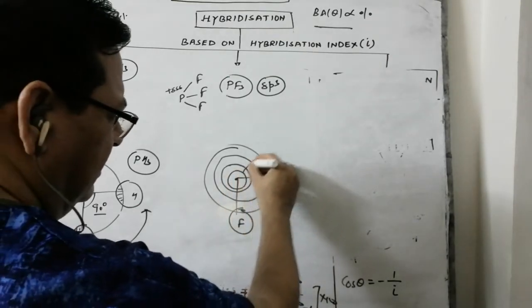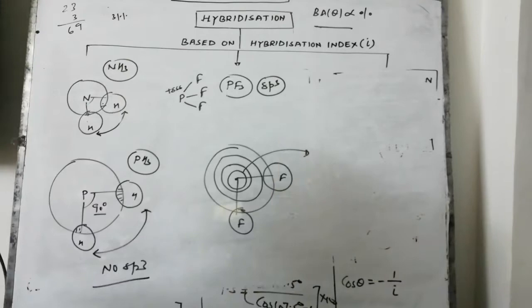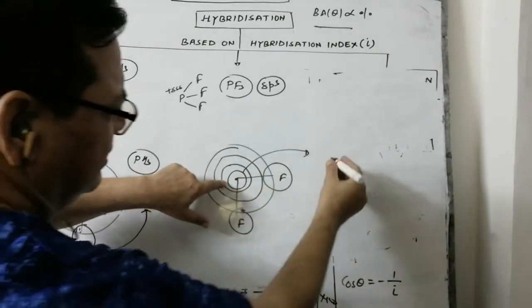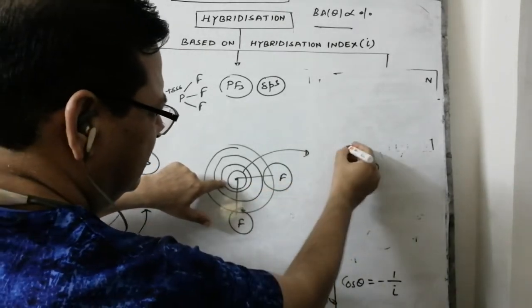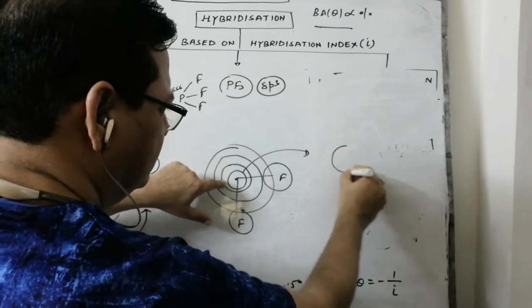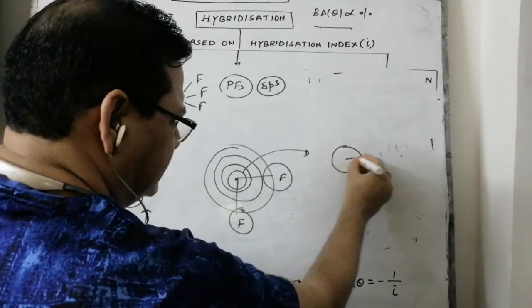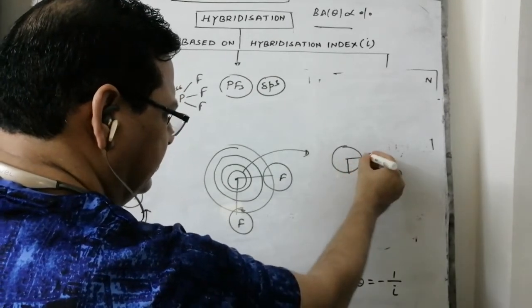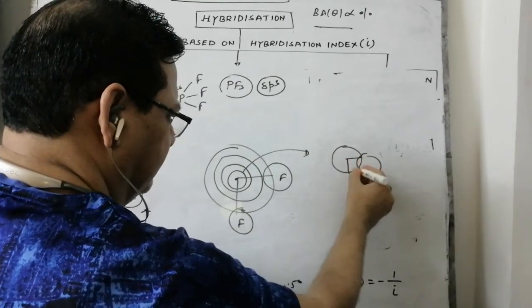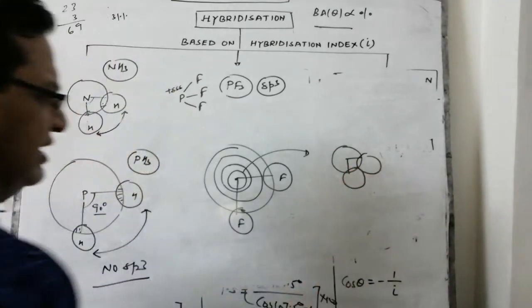So if finally I try to understand this situation, what exactly has happened? The phosphorus atom has been reduced to a very small size, and now these are the fluorine atoms which are bonded here, one fluorine atom, another fluorine atom. What exactly will happen?